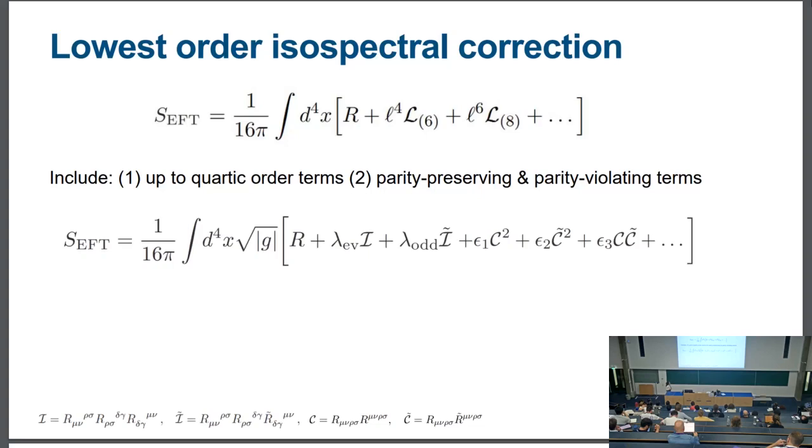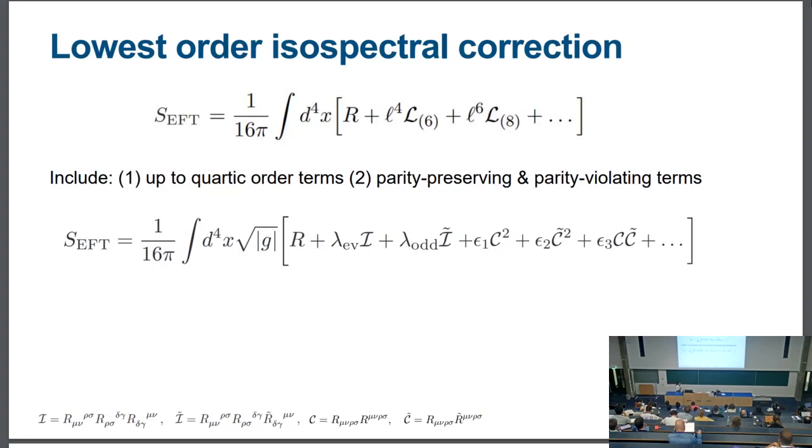Given these requirements, you get 5 terms, which is not too bad. The explicit invariants I and curly C are not too relevant, but I wrote them here on the bottom in case you're interested. There are 5 terms, and lambda and epsilon are just the coupling constants. The I tilde and the C tilde are the odd, or parity violating terms, and the rest are parity even.